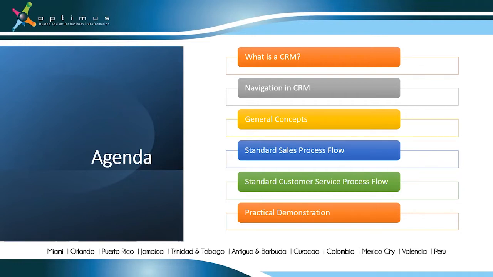And after that, I'm going to be showing you the standard flows, basically the sales process flow and the customer service process flow, the standard ones, and I will mention some modifications or customizations that we usually do in those processes. And after that, we could go directly into the CRM and see the platform.